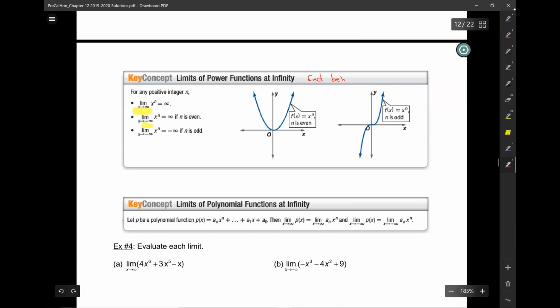Now, the term end behavior was fine when we were in Algebra 2, but now that we're going into calculus, end behavior is so 2019. Now we need limits at infinity.